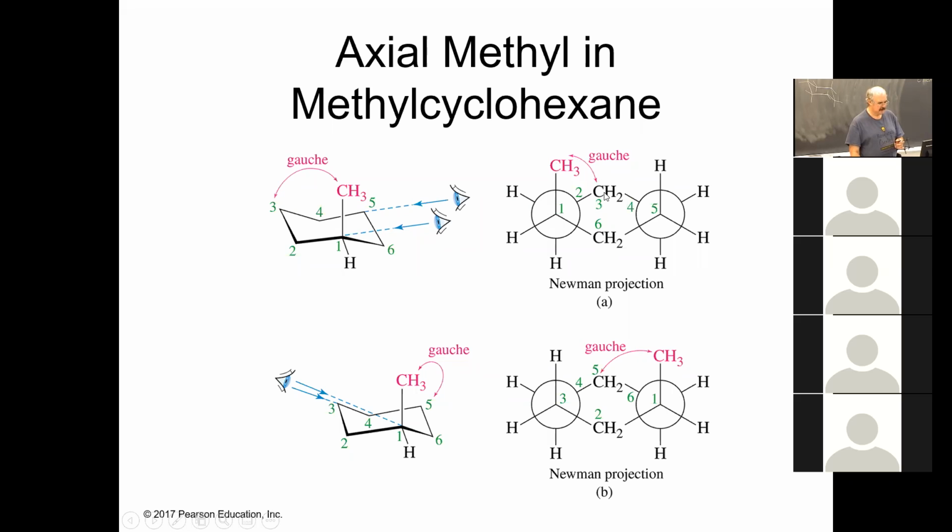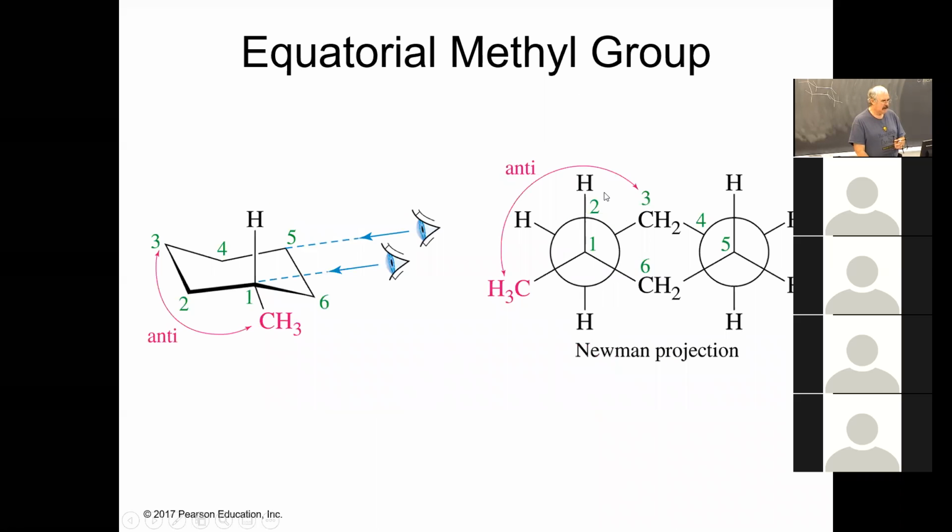They're 60 degrees apart. In the equatorial position, and all I need to do here is do the ring flip, where the methyl becomes equatorial, then the methyl and the methylene are anti to each other. They're 180 degrees apart.